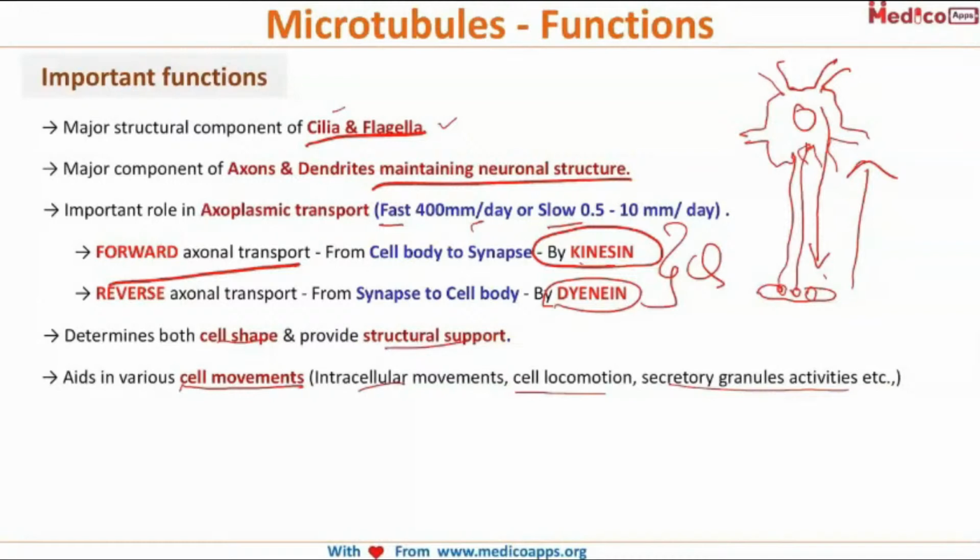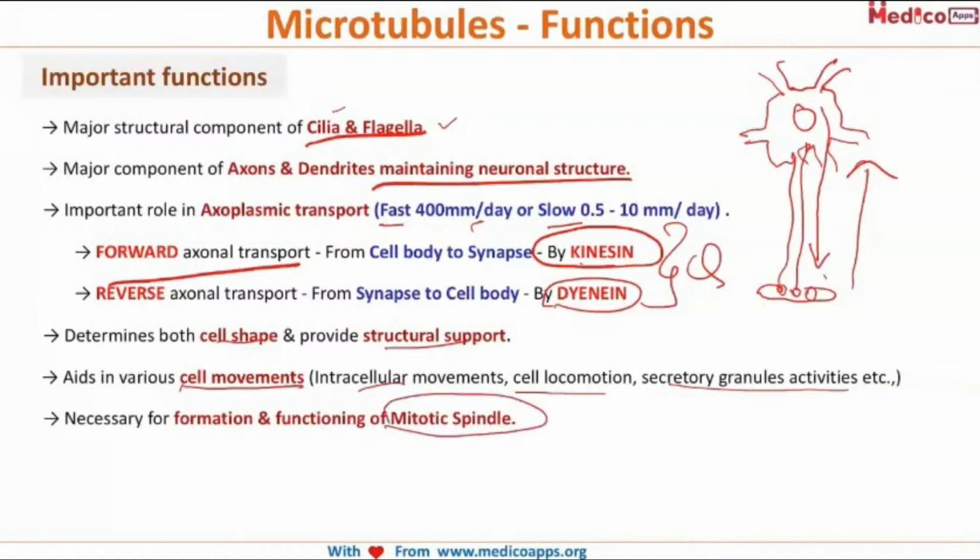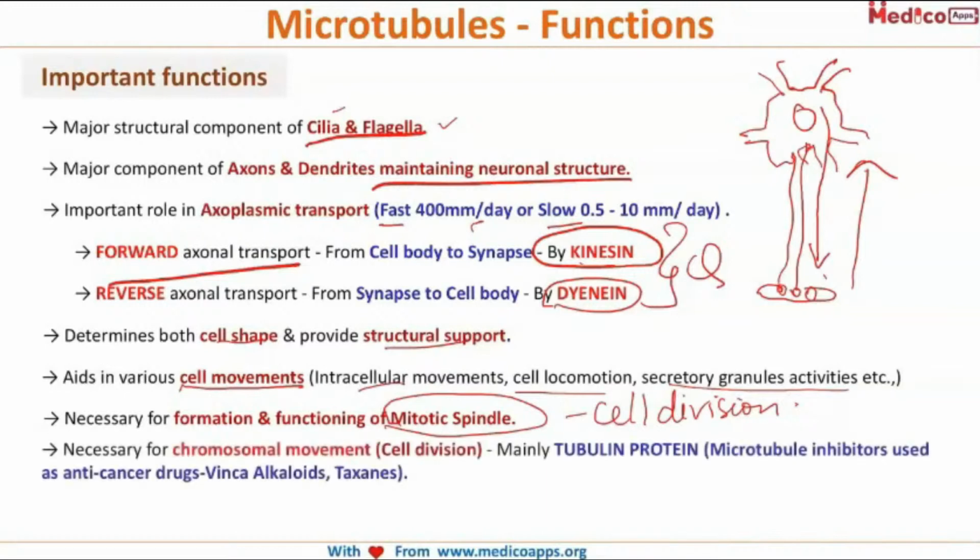Another important function is that they are necessary for the formation and functioning of the mitotic spindle in cell division. They are also responsible for chromosomal movement during cell division.